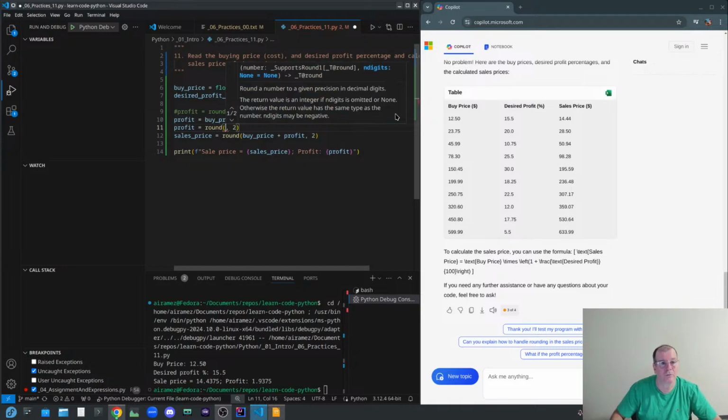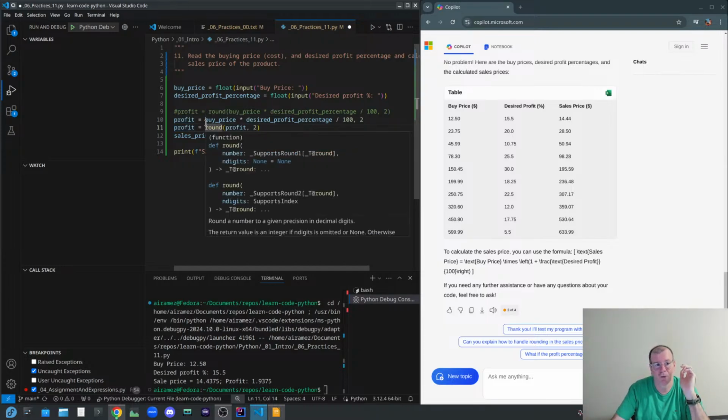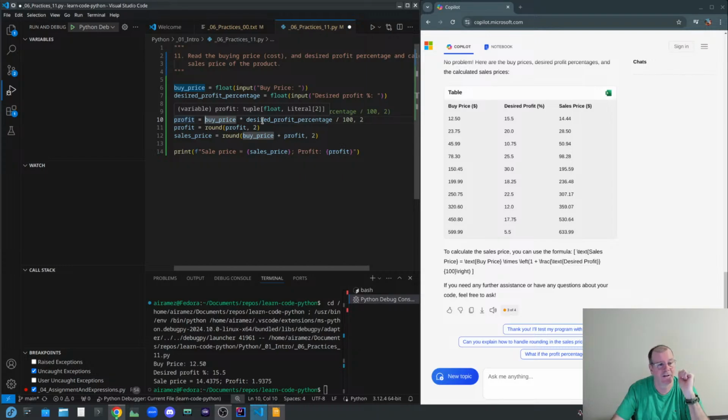Because then you'll be more visible that we are calculating the profit, and then later on we are doing a round of that same profit with 2 decimals, and we are storing it in the same variable. So it's the same as the other one. Some old school developers say, oh no, I put it here because it's one less line. But I always prefer some clarity.